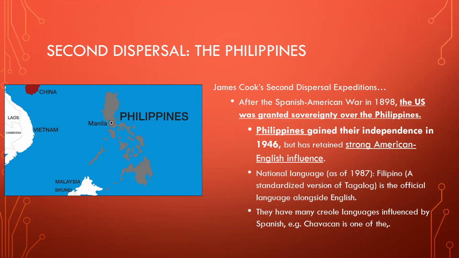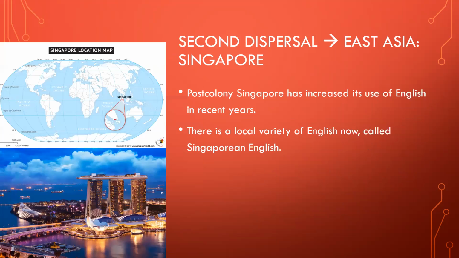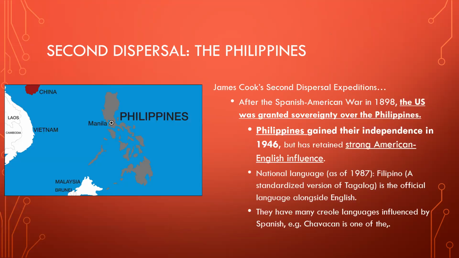So in the Philippines, they have many mixed Creole languages that have, instead of English, Spanish or are influenced by Spanish. Chabacán is one of them. I'm sure that they're also influenced by English, given the role of English on the islands as one of the official languages.